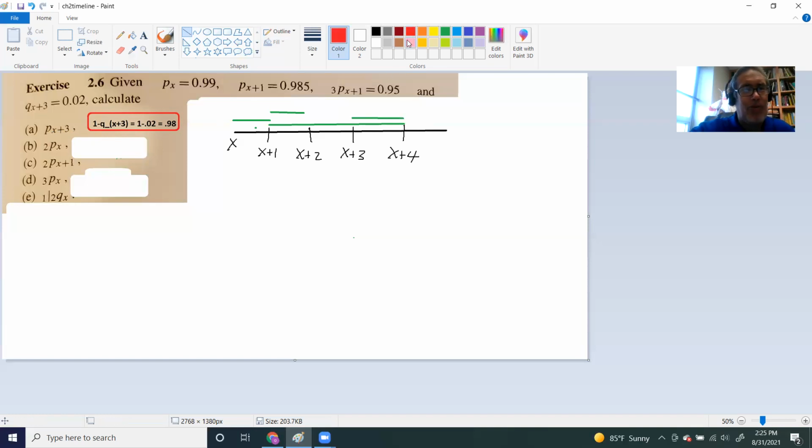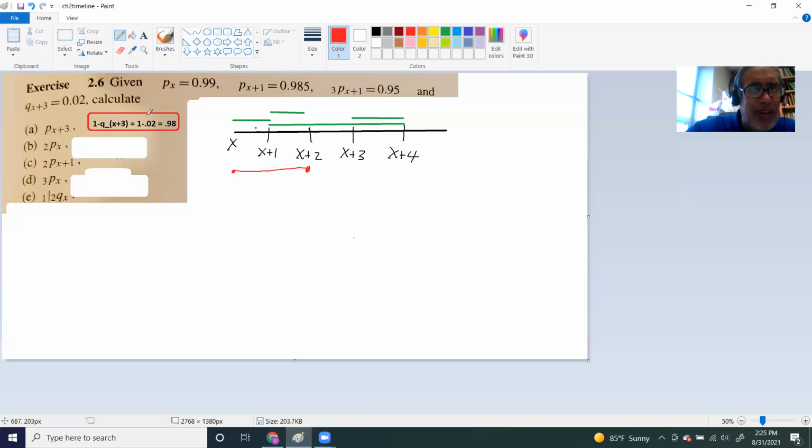Now let's figure out what we want. The first one's in red, and we want to figure out the probability that a life age x makes it to 2. Well, this segment here is covered by this segment union with this segment. They meet end to end.